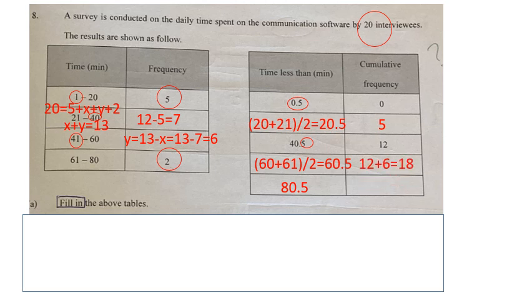We got 18. Total number of interviewees is 20. So for the time less than 80.5, we need to add 18 with 2 and we got 20.